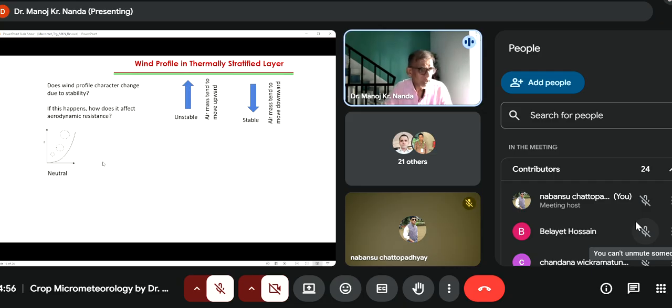Now, under neutral condition, this is our wind profile. I have shown this figure earlier. But under unstable condition, the wind profile becomes steeper, so these eddies are elongated. Then when you go to the stable condition, these eddies are elongated horizontally. This is how the wind profile changes.